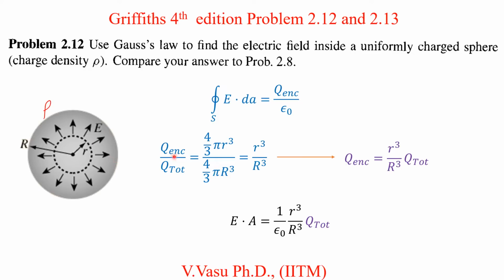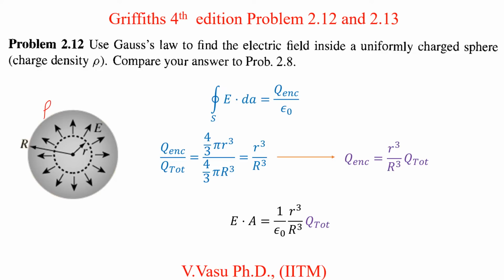Now the ratio between the charge enclosed and the total charge is equal to the ratio between their volumes. That is the ratio of volume, 4 by 3 pi small r cube, over 4 by 3 pi capital R cube.